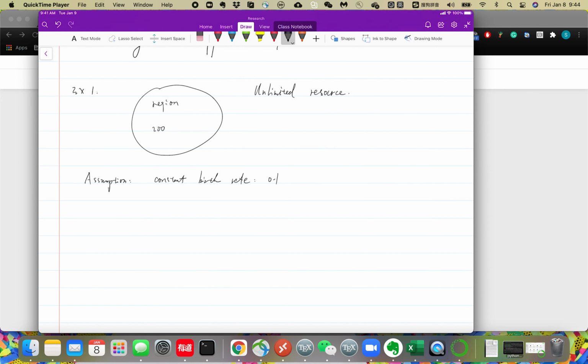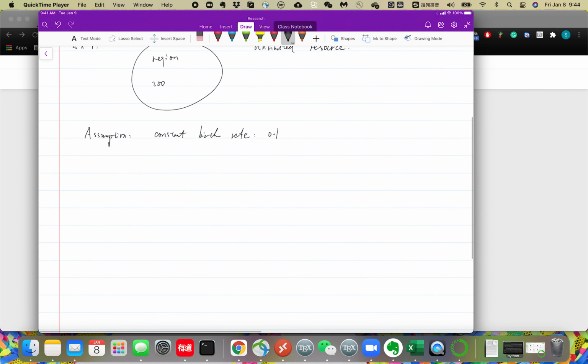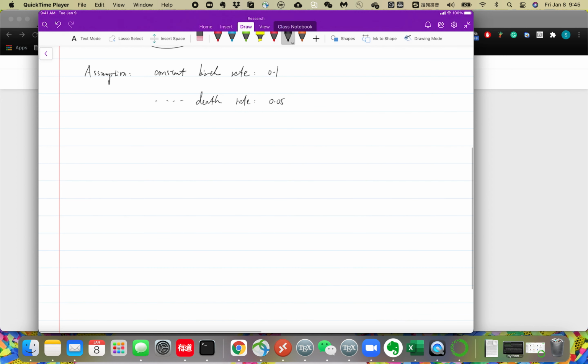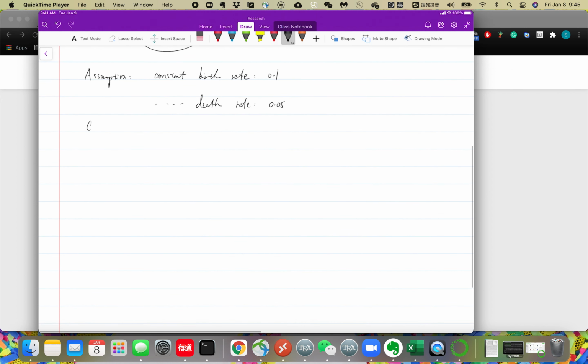That means out of 100 people, continuously, 10 newborns will be born. And then let's also assume they have a constant death rate, which is 0.05. From here you can see, if it's constant, then they have a constant growth rate which is positive, which is the birth rate minus the death rate. So it's going to be a growth at a rate of 0.1 minus 0.05.